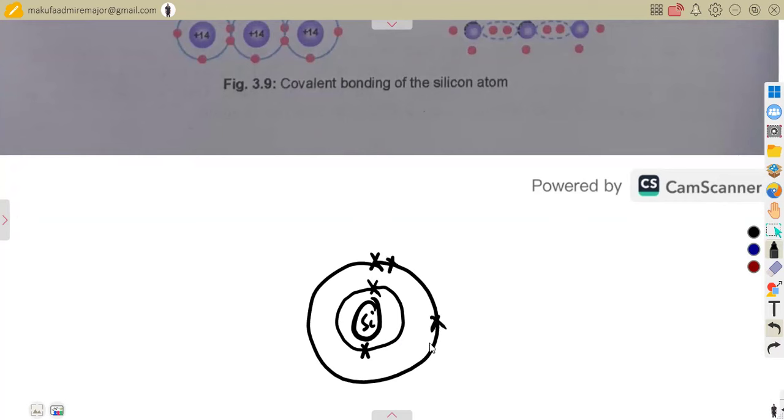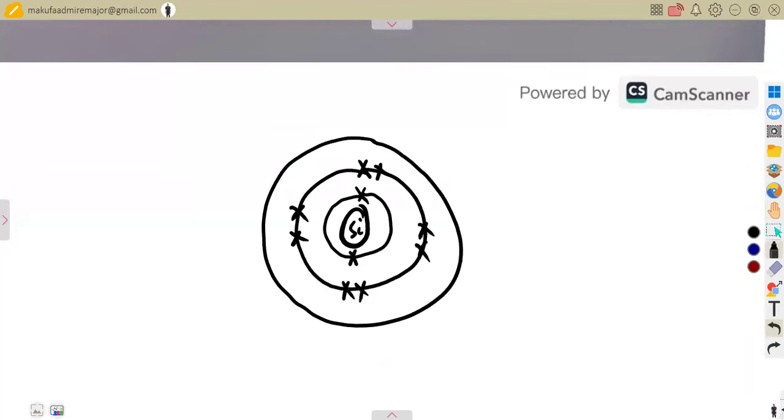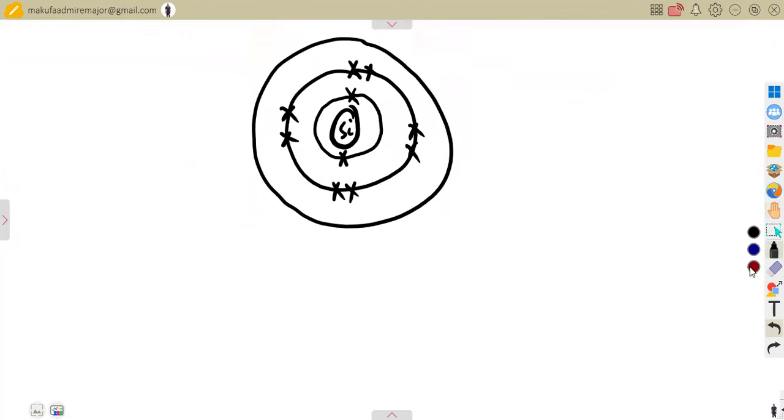We are remaining with the 4 electrons at the end. These are the ones I want us to talk about in the covalent bonding of our semiconductors.